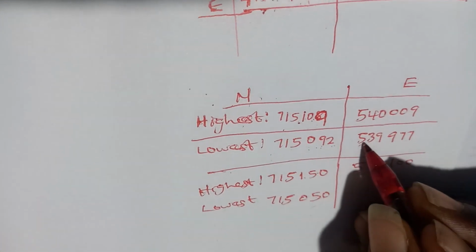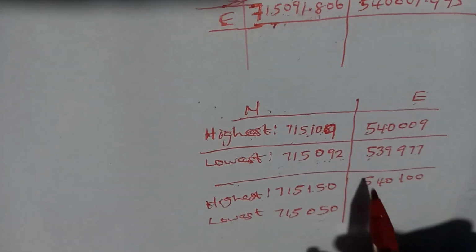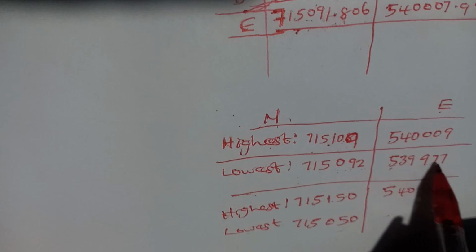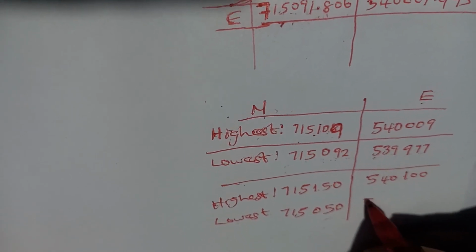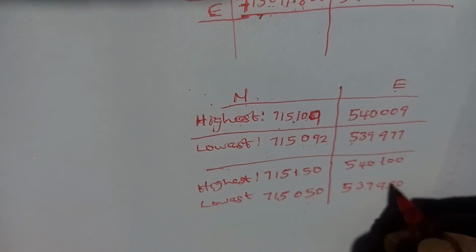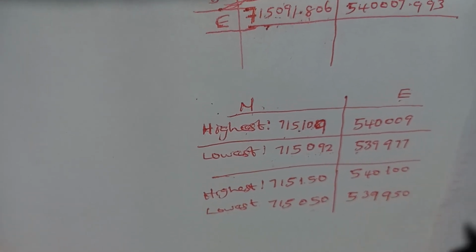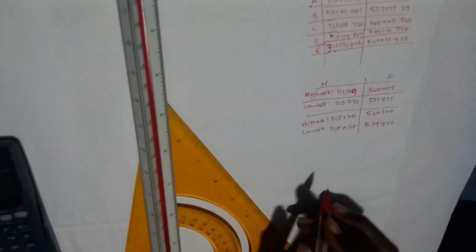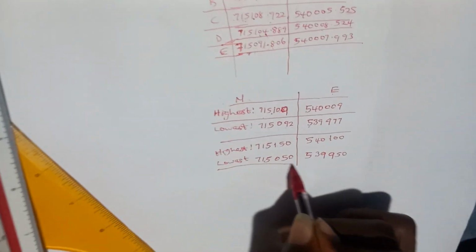Alright, so for the easting now, we have 539,977. This one we can make 539,950. And with this now, I think we can get it done.